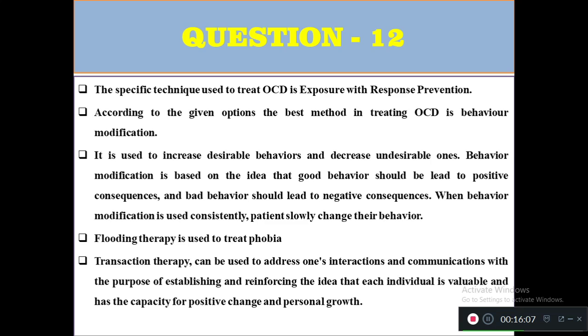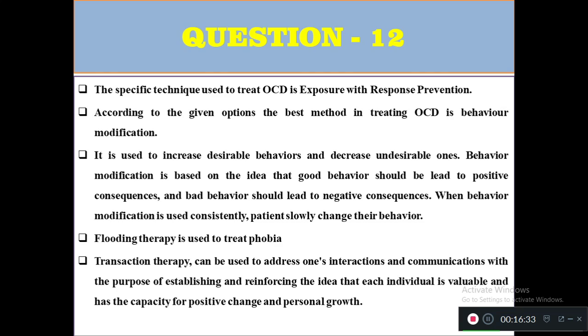According to the given options, the best method to treat OCD is behavior modification. It is used to increase desirable behaviors and decrease undesirable ones. Behavior modification is based on the idea that good behavior should lead to positive consequences and bad behavior should lead to negative consequences.